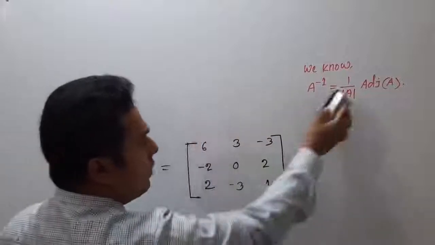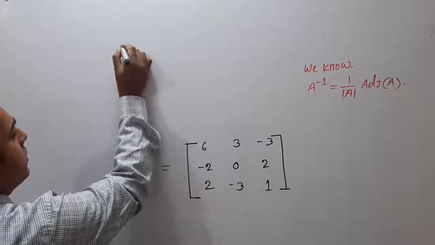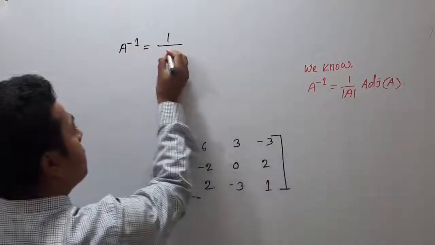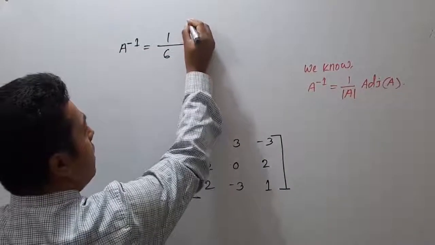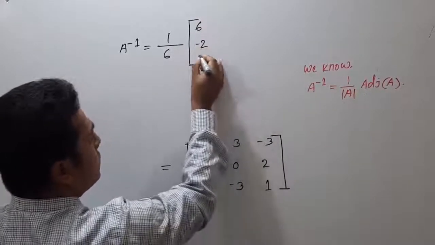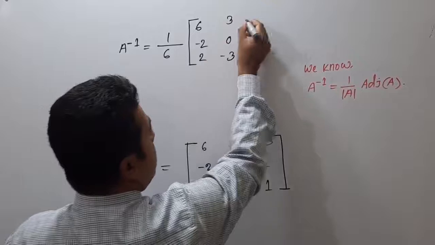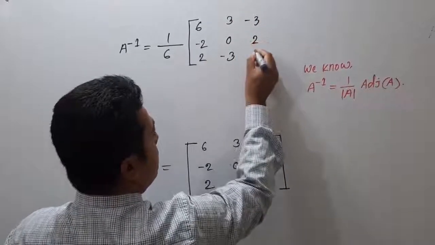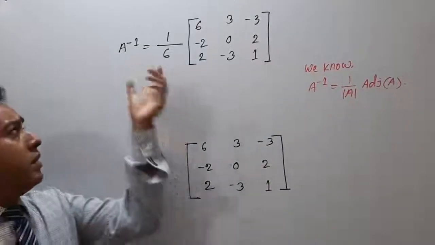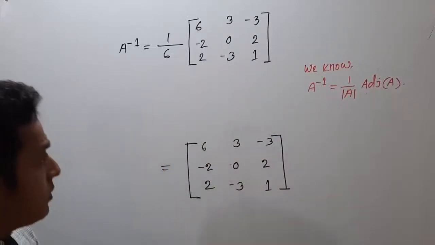According to this formula, A inverse is equal to 1 by determinant of A, which is 6, times our adjoint matrix 6 minus 2 2, 3 0 minus 3, minus 3 2 1. Here the inverse matrix of A is equal to this. This is our answer to question C.